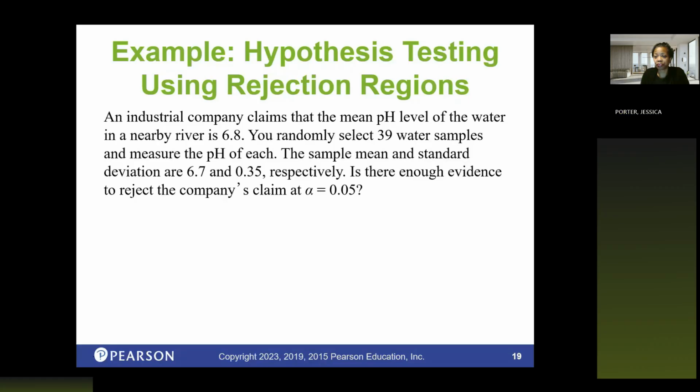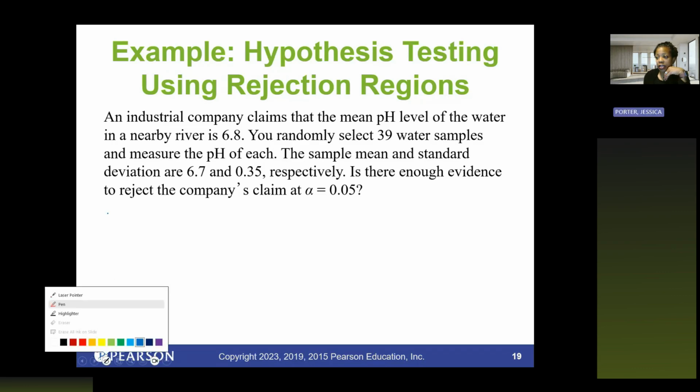Okay. So is this a left-tailed, right-tailed, or two-tailed test? Two-tail? Yes, you are correct.